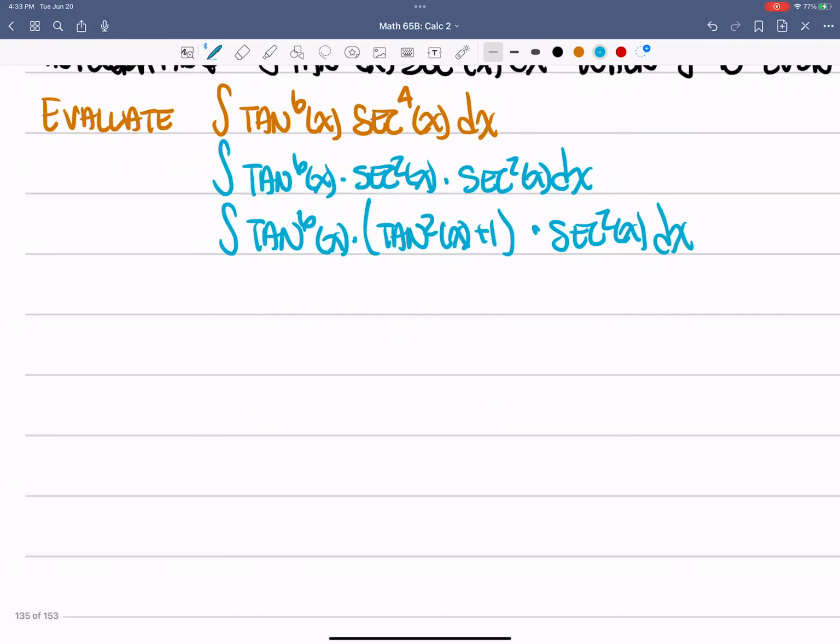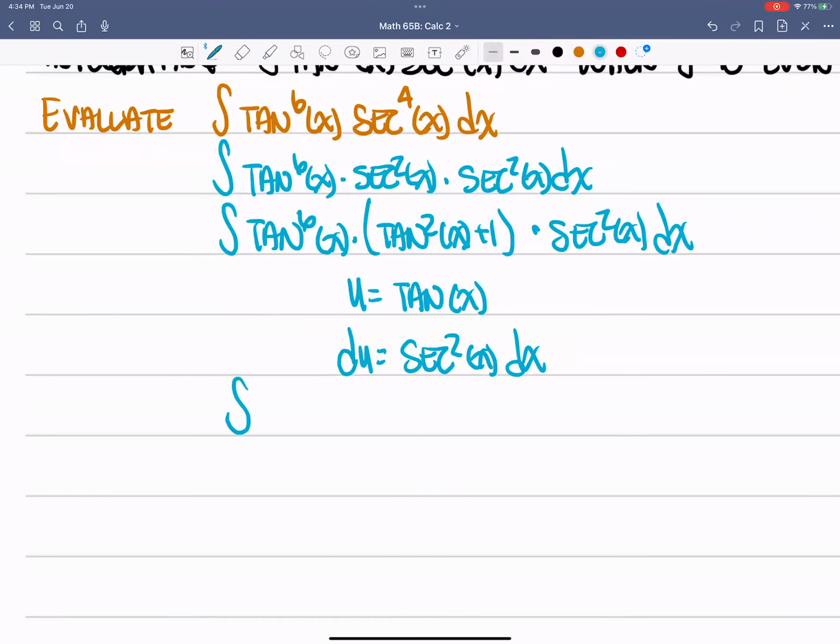And now that we have that, we can do our u substitution. So let u equal tangent x, not squared, just tangent x. du is going to be secant squared x dx.